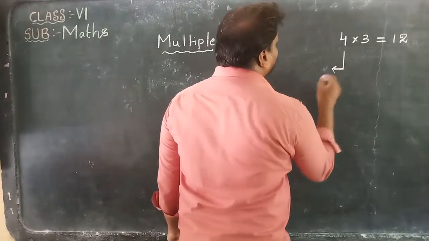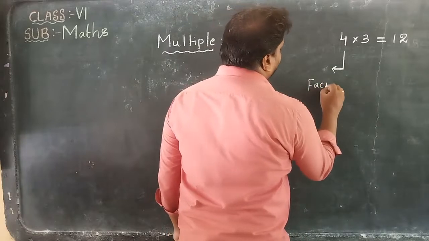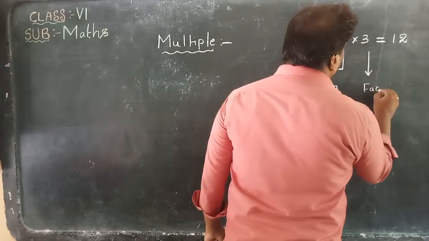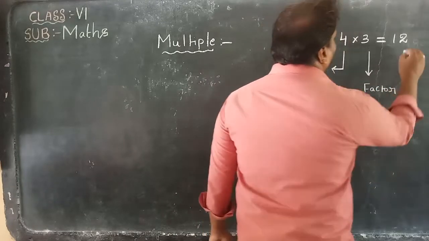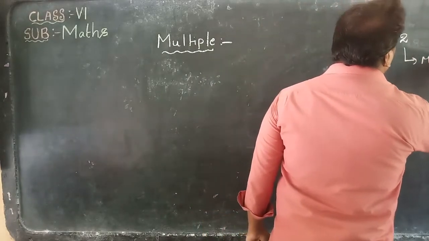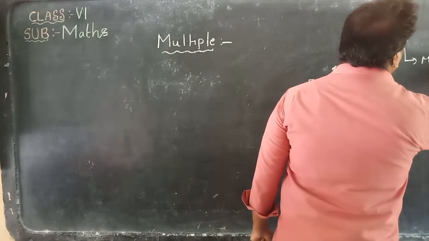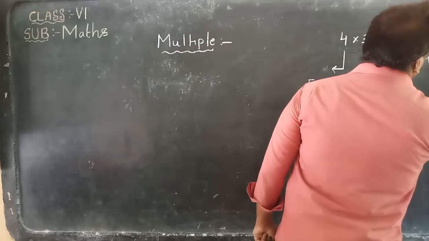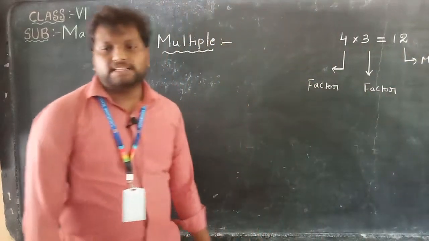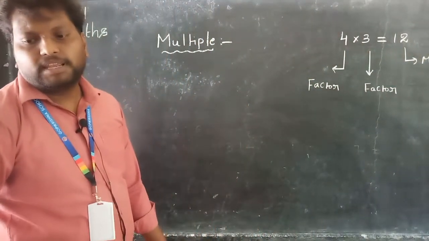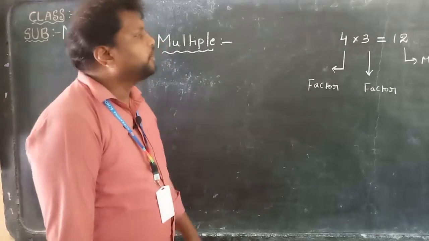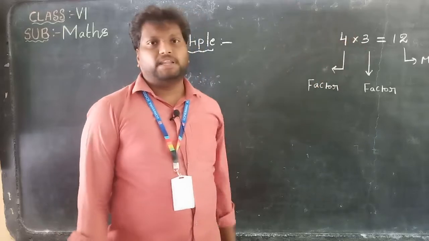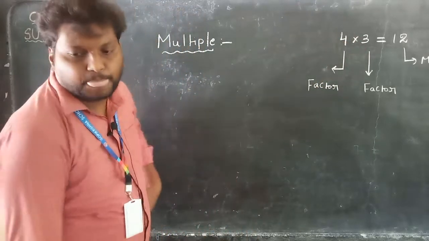Then 4 is one factor, 3 is one factor, and 12 is a multiple of 3 and 4. 12 is the multiple of 4 and a multiple of 3 also.